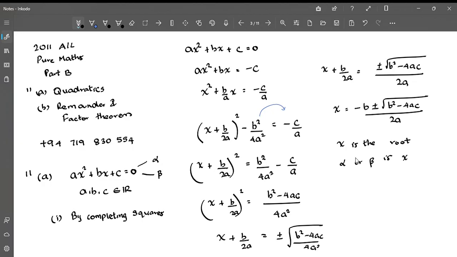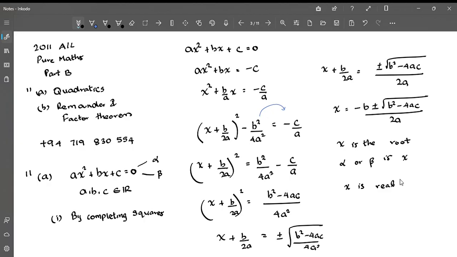Okay. Now the question in Roman 1 is to prove that alpha and beta are both real if and only if b squared minus 4ac is greater than or equal to 0. So x is real. Now everything here is real except whatever is inside the square root, because the moment b squared minus 4ac inside the square root becomes negative, this becomes an imaginary number.